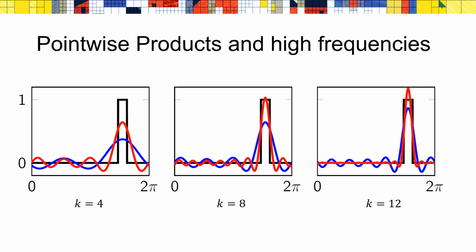If we add to the Fourier basis also the pointwise product of them, we can obtain the approximation depicted in red, and as you can see, the pointwise product of the Fourier basis provides a better approximation of the signal on this simple domain.